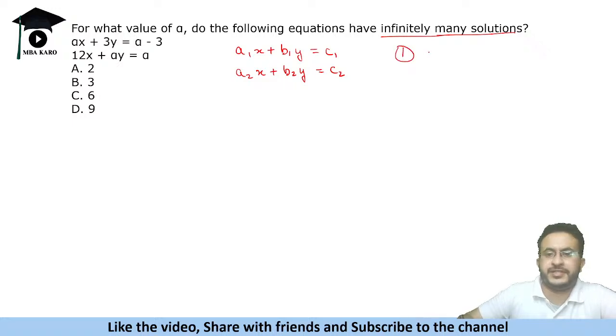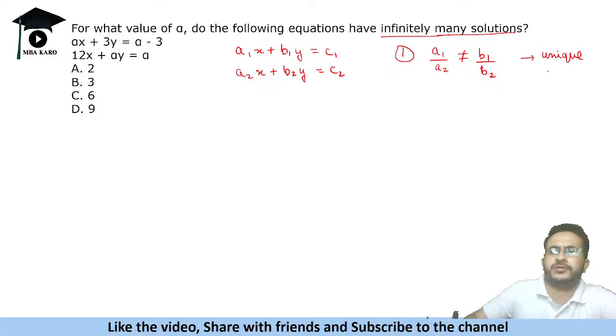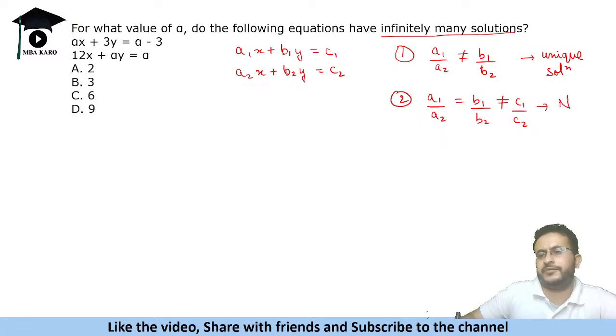First scenario is a1 upon a2 is not equal to b1 upon b2. In this case, you have a unique solution. Second case is a1 upon a2 is equal to b1 upon b2, but it is not equal to c1 upon c2. Then you have no solution.